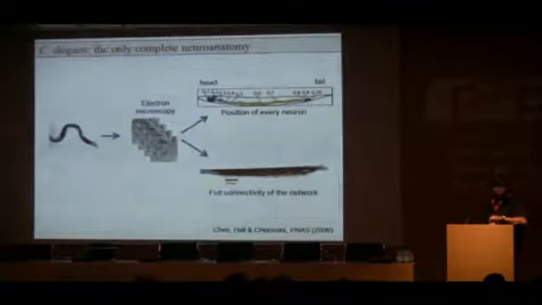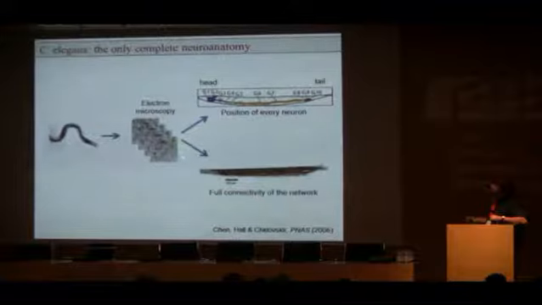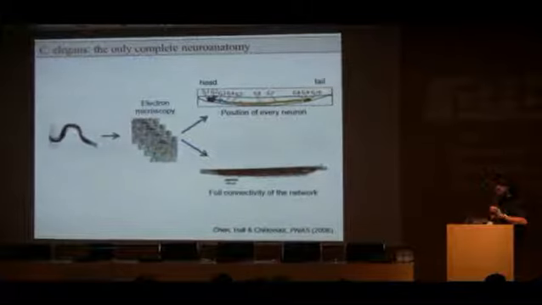The only species for which we have the full neuroanatomy is C. elegans. For 10 years, people reconstructed the neurons from the electron microscopy of the animal, and we know where is each of the 279 neurons.